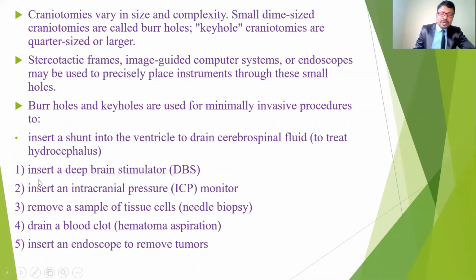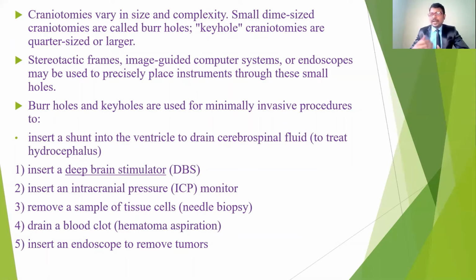Another instrument inserted is the intracranial pressure monitor. If you want to measure intracranial pressure, you insert this instrument through the burr hole or keyhole techniques. Also a small needle biopsy.